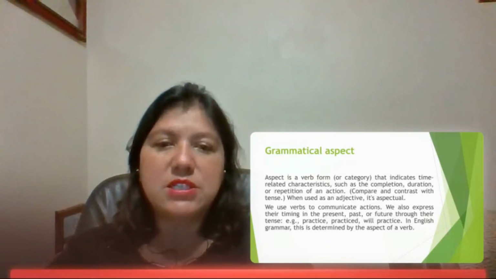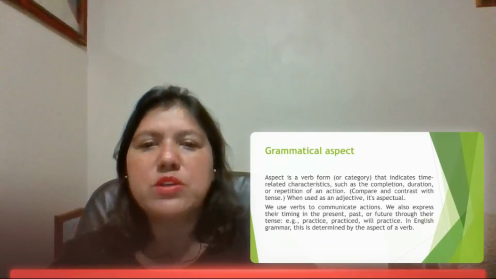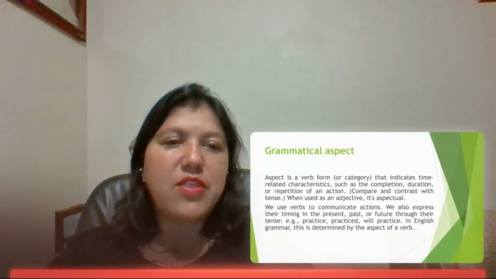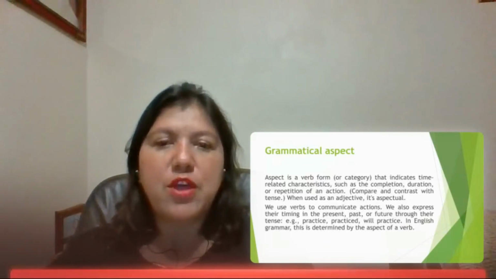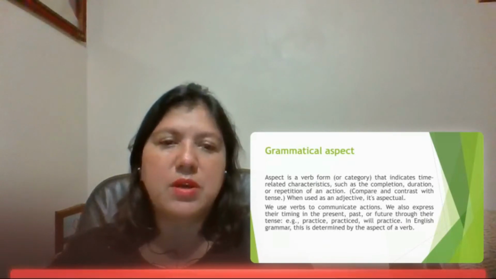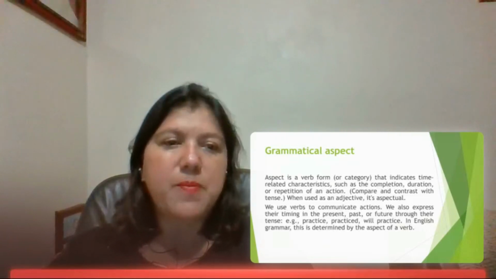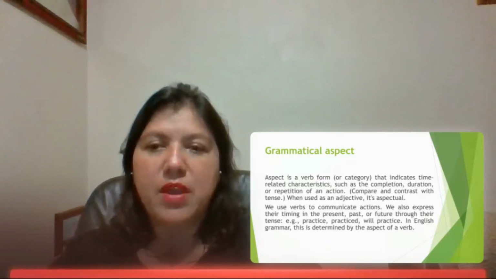We use verbs to communicate actions. We also express their timing in the present, past, or future through their tense. Example: practice, practiced, will practice. In English grammar, this is determined by the aspect of a verb.